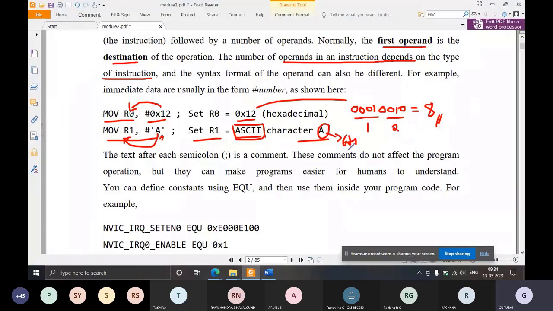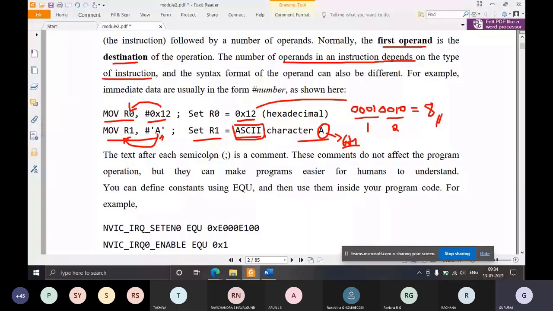That is why computers manufactured in America or in UK can be used in India. Everyone knows that capital A means 64, whether it is UK, India or America. They keep this standard in mind and write the software so that it can work anywhere in the world. So this is one of the standards.